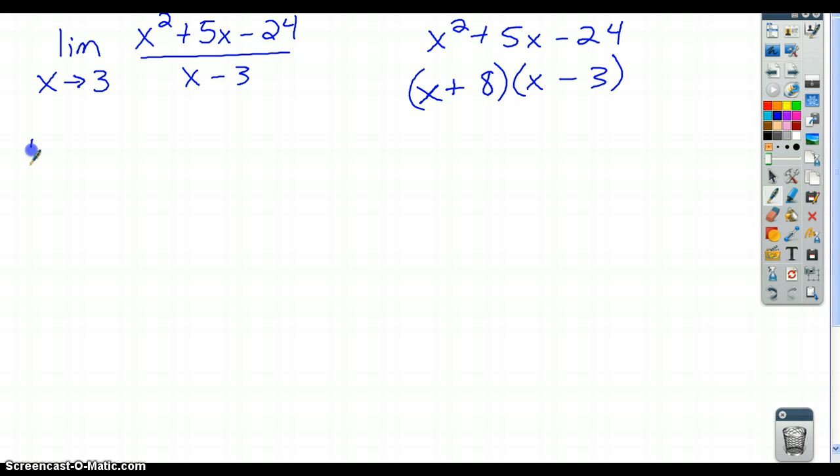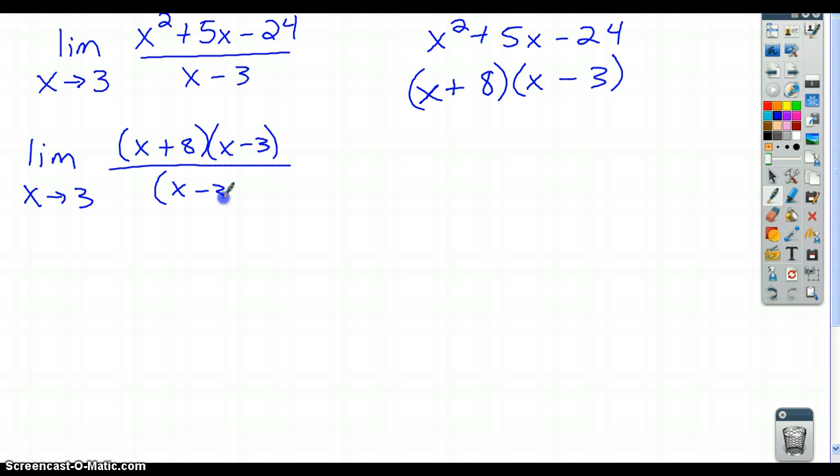So I can rewrite my limit as x approaches 3 of x plus 8 times x minus 3 divided by x minus 3. Again, x minus 3 divided by x minus 3 is 1. 1 times x plus 8 is just x plus 8.